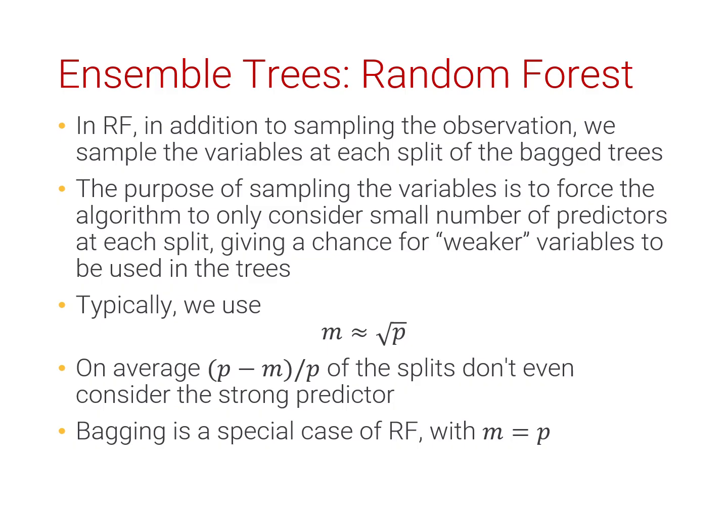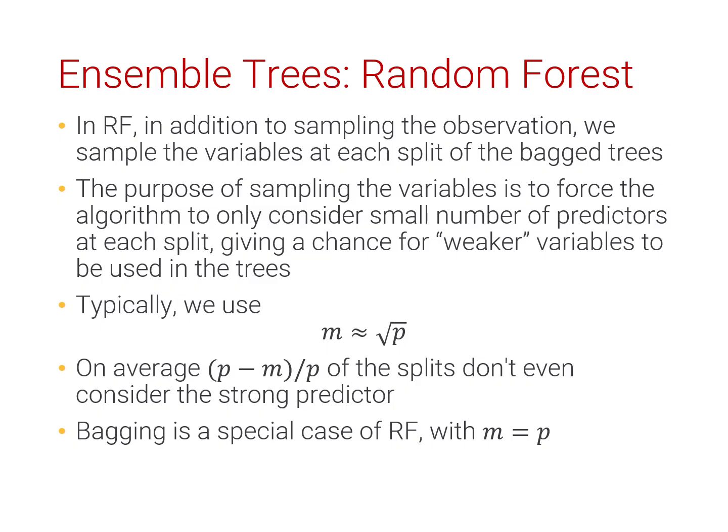By restricting the number of variables available for splitting, we give a chance for weaker variables to be included in the tree construction process. This is particularly beneficial when dealing with data sets that have a large number of variables, some of which may be highly correlated or have a strong influence on the target variable. The impact of sampling the variables becomes evident when we consider the likelihood of a strong predictor being included in each split.